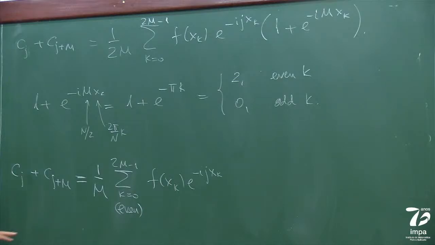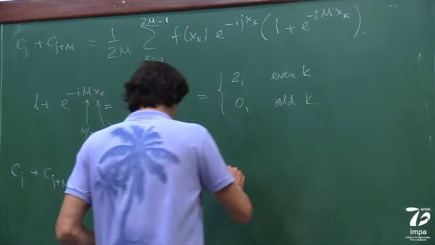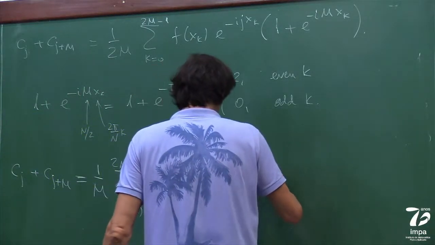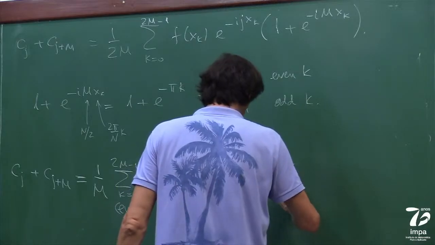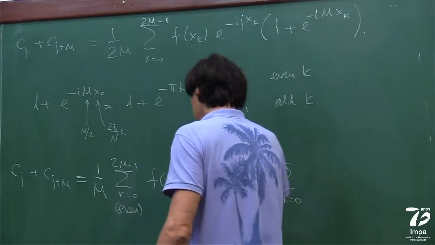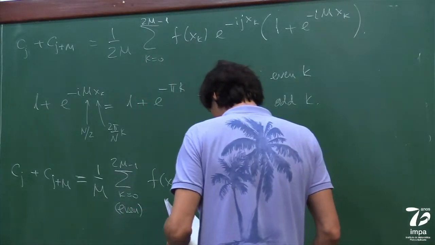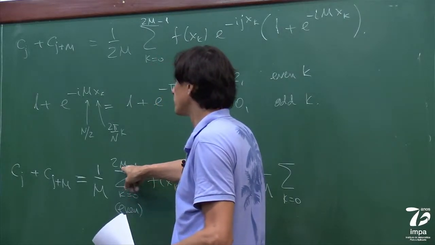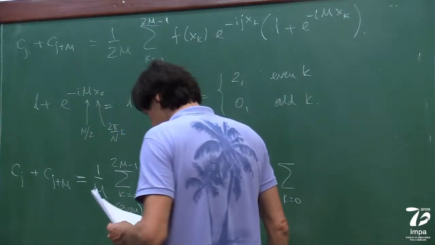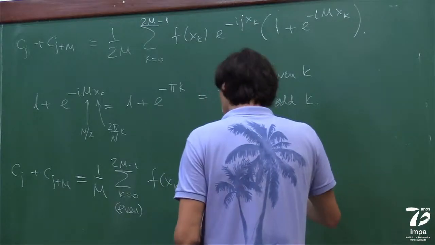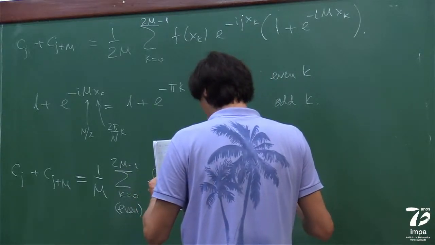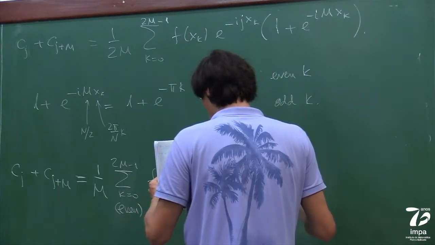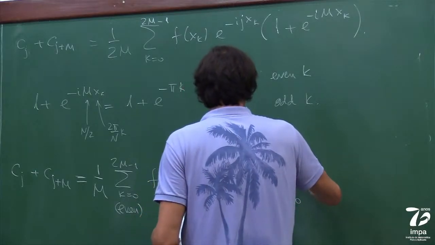So just making the sum only over even numbers. And m is also even because n was a power of 2. So the last will be m minus 1.